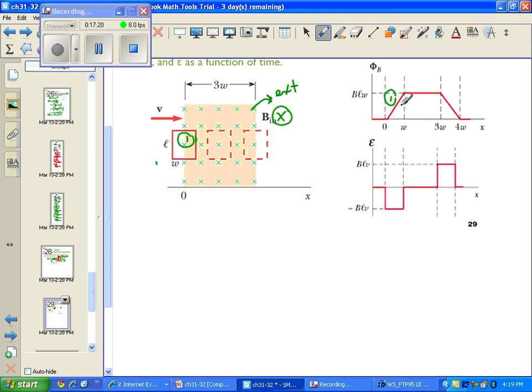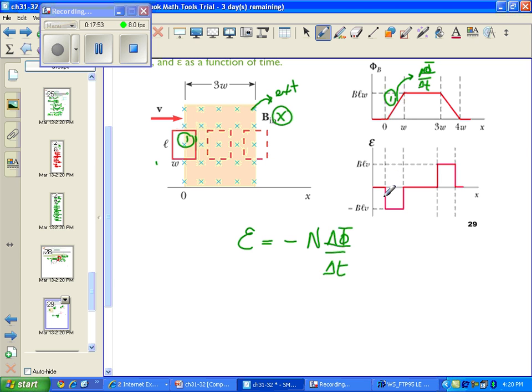Here is the magnetic flux increasing as the whole of the loop penetrates, as it's moving in. And the EMF, of course, by Faraday's law, is minus n times the change in the magnetic flux with respect to time, and that change is given by the slope of this line. This is the changing flux with respect to time.